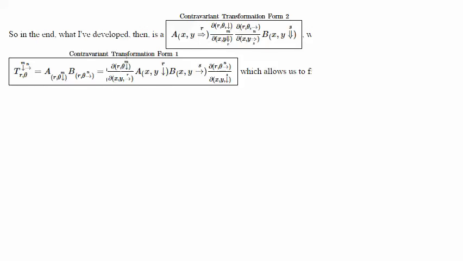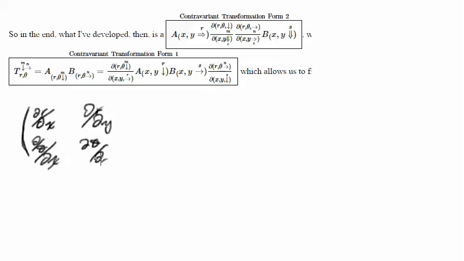I'm going to start by doing transformation form 1. This is a little bit maybe easier to start, but harder at the finish. This one goes, the r theta variables are going downwards, so it is del r, del theta, del r, del theta, and then the x, y variables are going to the right, so it's del x, del y, del x, del y.